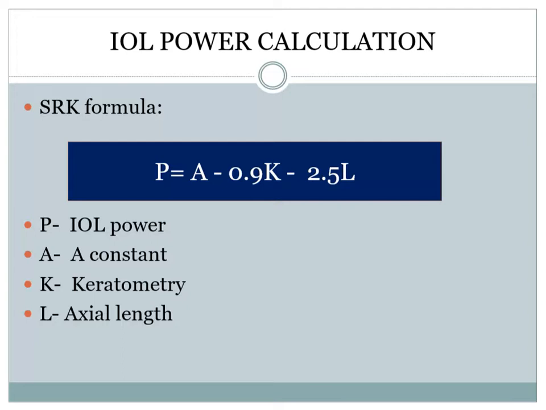If it is a hypermetrope, then it will be more on the plus side. If it is a myope, then it will be lesser plus, because we don't want a myope to land up in myopia again. So we are not standardizing the IOL, we are individualizing the case, and calculating his IOL power so that postoperatively he will be an emmetrope.